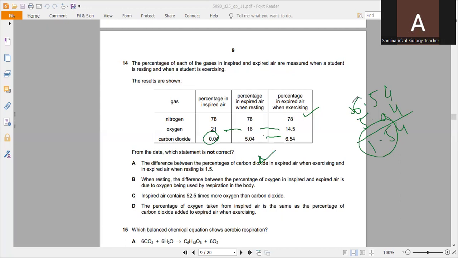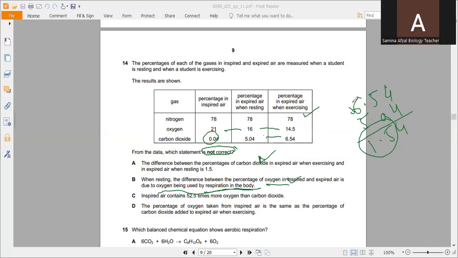The option is not correct because we have to find out which is not correct. When resting, the difference between the percentages of oxygen in inspired and expired air is due to oxygen being used by respiration in the body. Oxygen is used up in respiration. So again, this statement is correct.